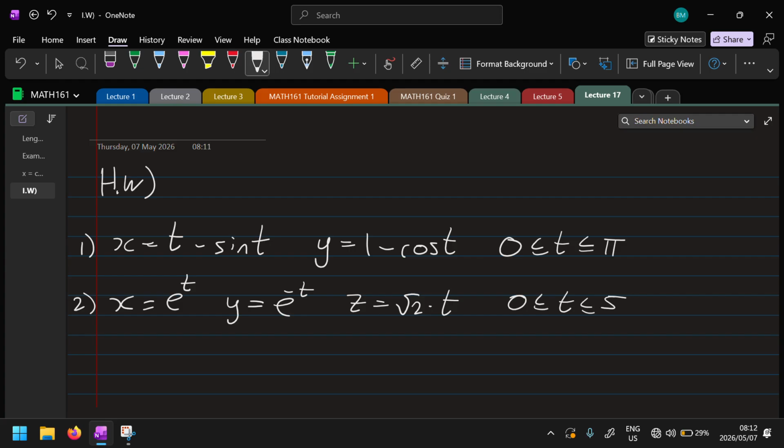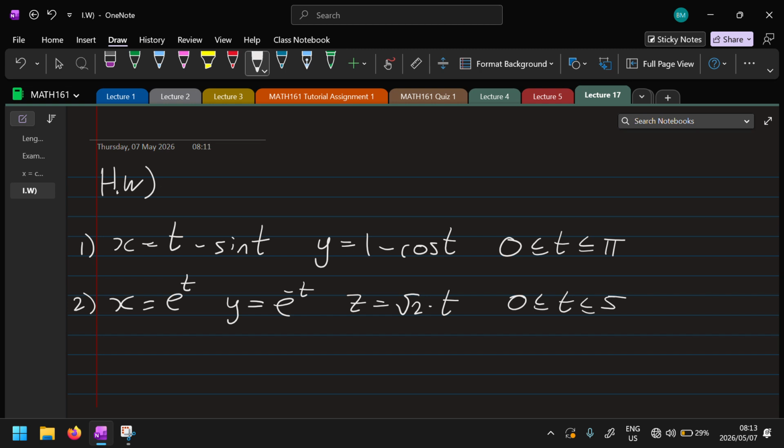So this one has x, y, and z. When you're calculating the speed, it will be the root of x dot squared plus y dot squared plus z dot squared. It's the same as your 3D vector length. Any questions for the homework?